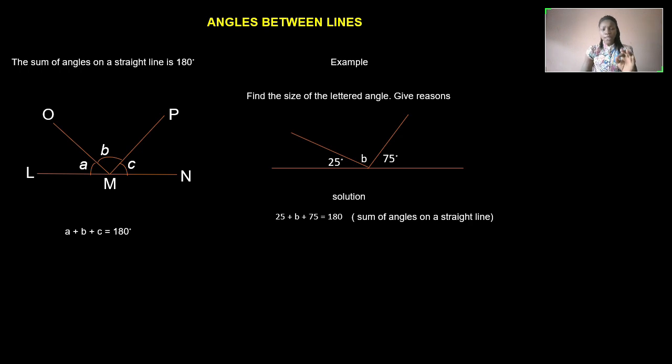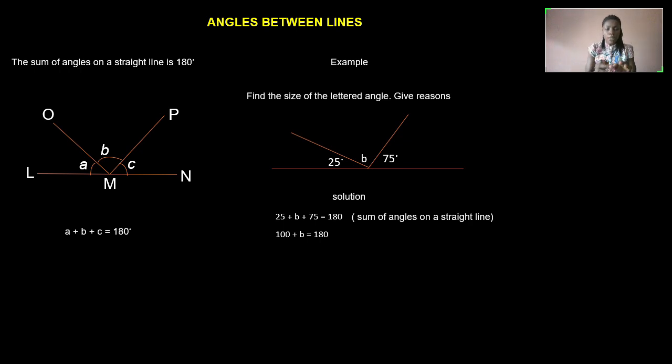So here we are to add 25 to 75, giving us 100 plus B equals to 180. And if you watch here, we are to collect like terms. So that means 100 is going to move over to the other side to meet 180.